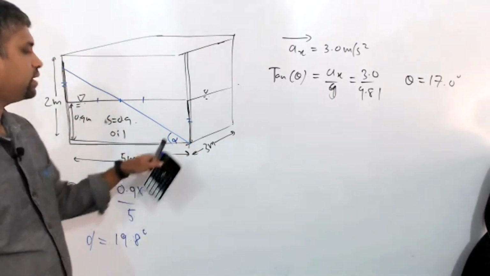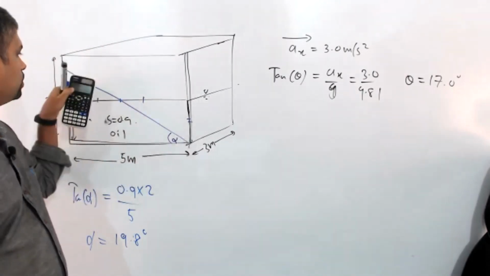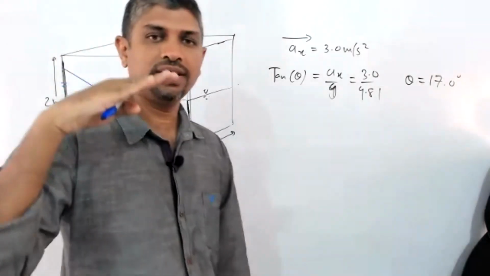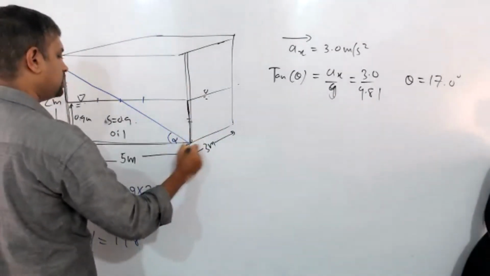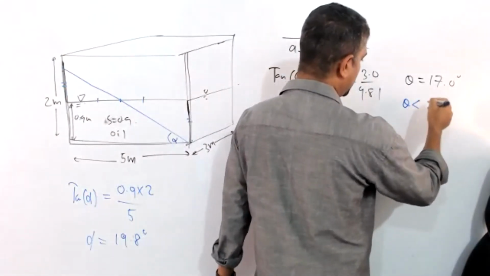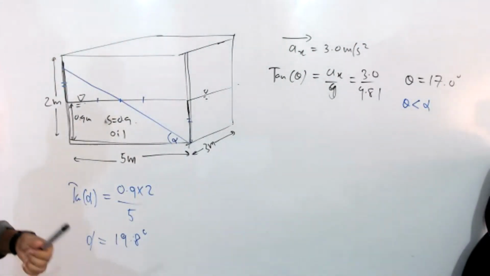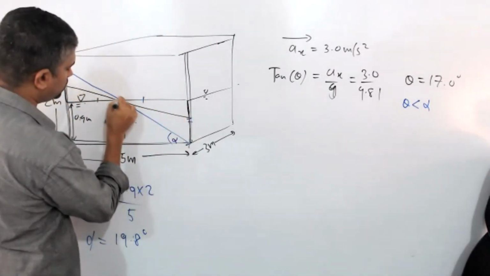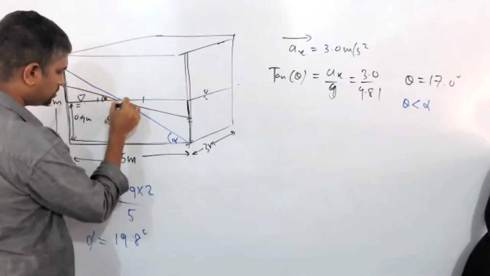So we have to check whether the free surface will hit the bottom of the tank or the top. Since the initial oil level is less than half, we check whether it hits the bottom. This theta is less than alpha, so the expected situation is something like this. This is the new free surface, and this angle is theta.